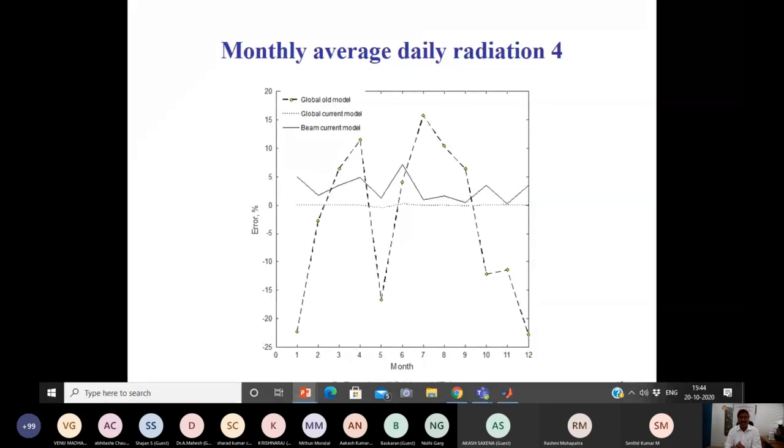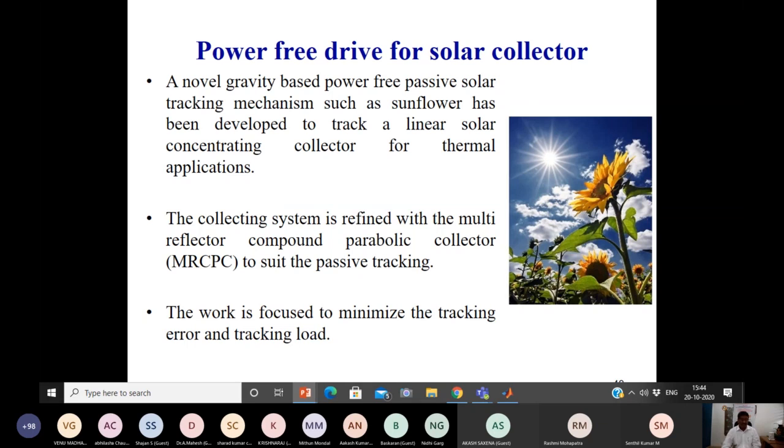Here is the comparison of the old model and the predicted model as per the current model, for both global radiation and beam radiation, and the old model results in more error compared to the current model. One reason is that the number of coefficients has been increased, and also the mathematical model is switched from a linear model to a non-linear model.